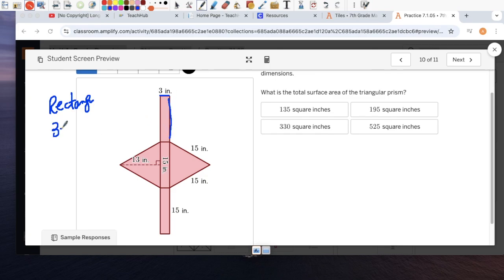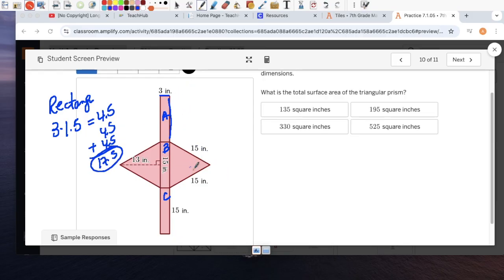So it's 3 times 1.5, which is 4.5. But there's 3 of them, so it's 4.5 and 4.5 and 4.5. If you add them up, you get 17.5 just for the rectangles.